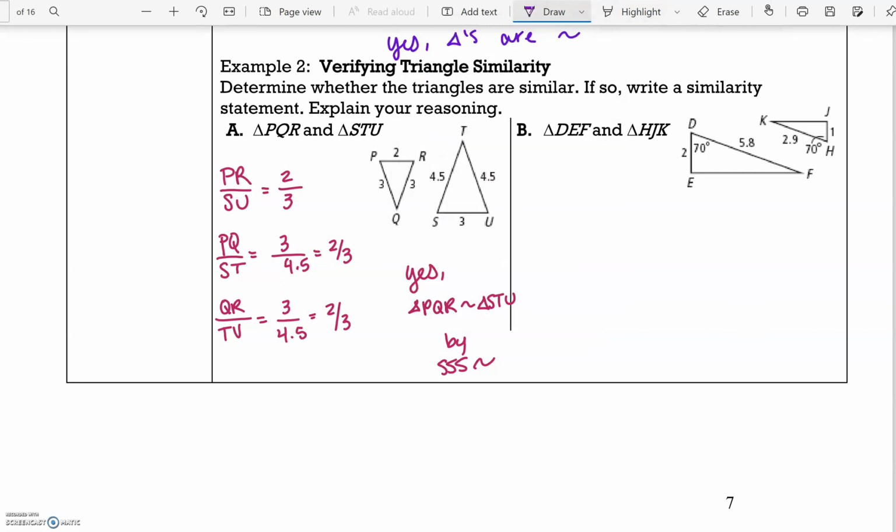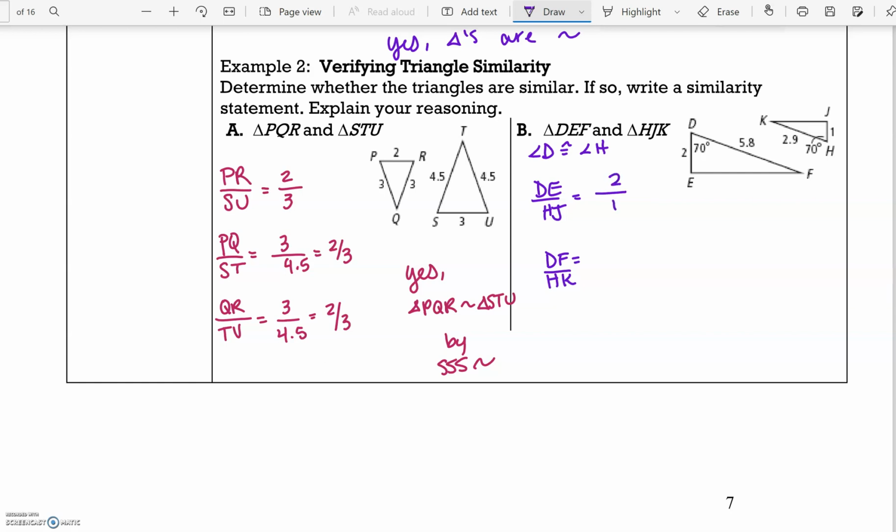So on this next one, we can already see that the angles are congruent. D is congruent to H. And then we are going to compare the two sides, DE and HJ, and DF and HK.